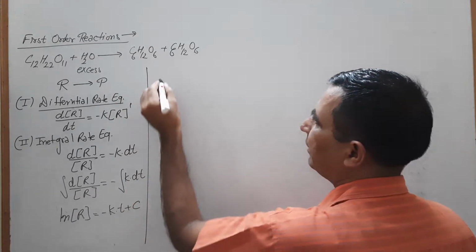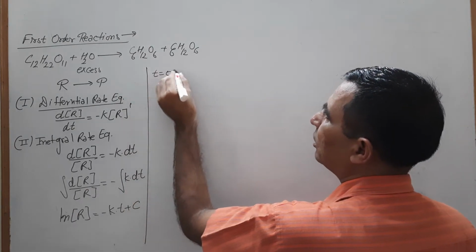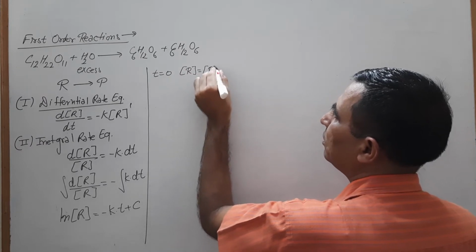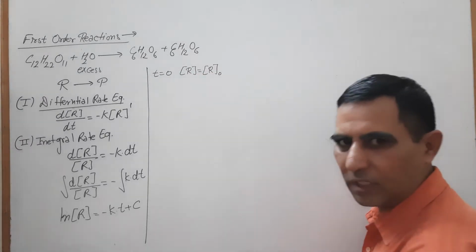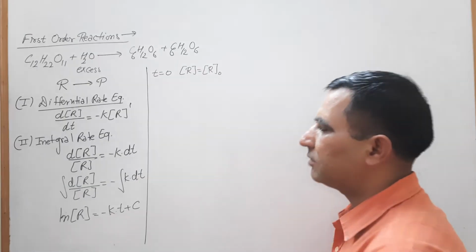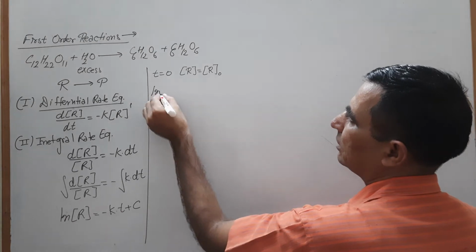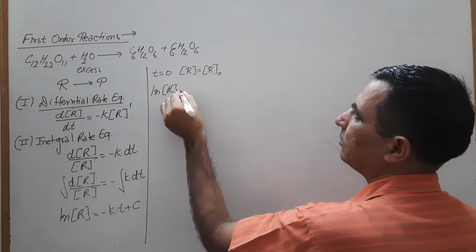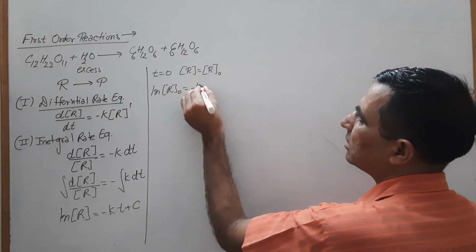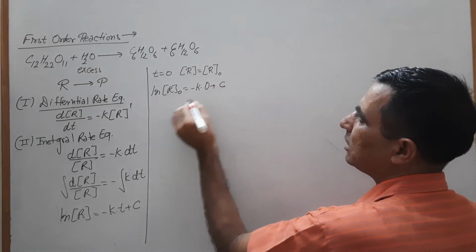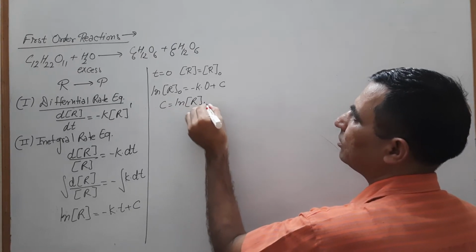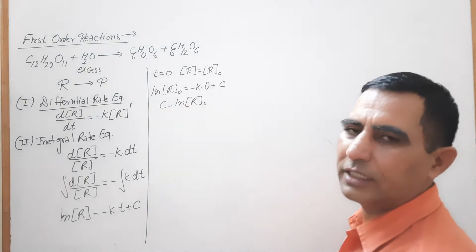Let, when time t equals 0, the concentration of the reactant R equals R0. We place these two values in this equation. So ln R0 equals minus k into 0 plus c. So c equals ln R0.